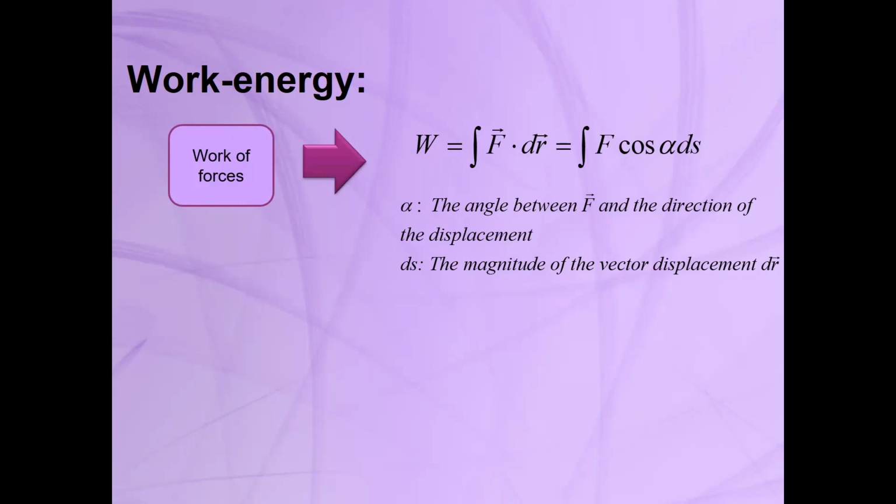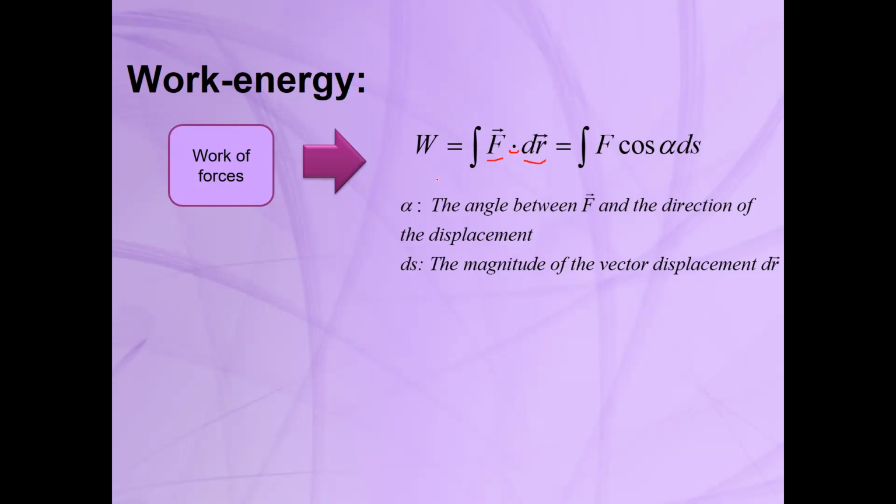In the vector form, if you want to obtain the work done by the external force F, the equation is the same. It's the integral of F dot dr. This is the dot product, and dr is the displacement vector.